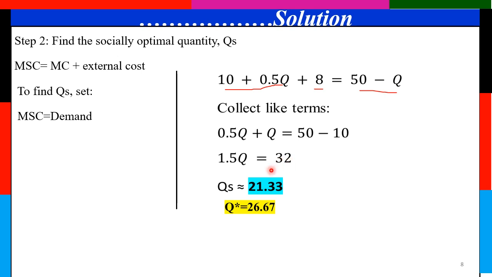Okay, make it 40. So when you divide both sides by 1.5, you get another number which is approximately related to this number, more or less related to this one.